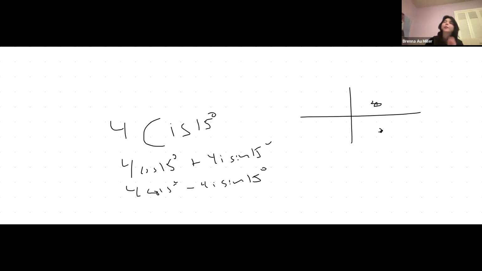Wait, no. It was a rectangular complex number, and the values for x and y were the same, except the y had an i after it.